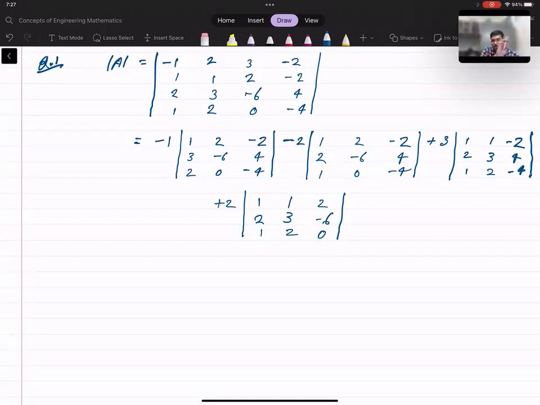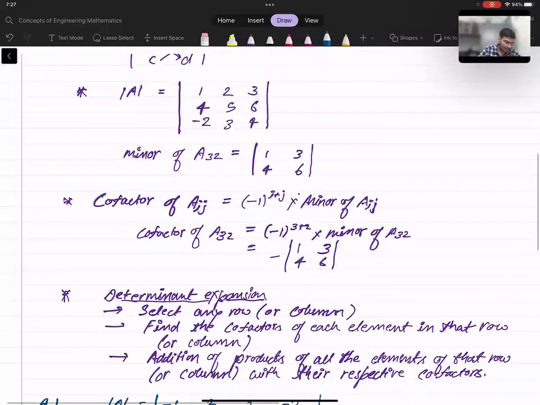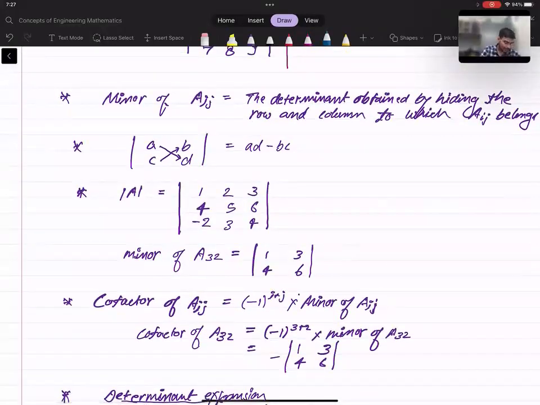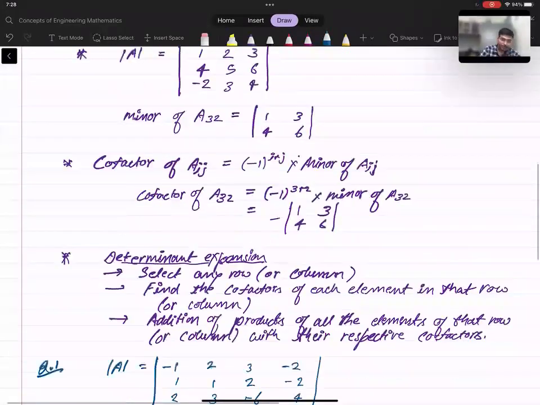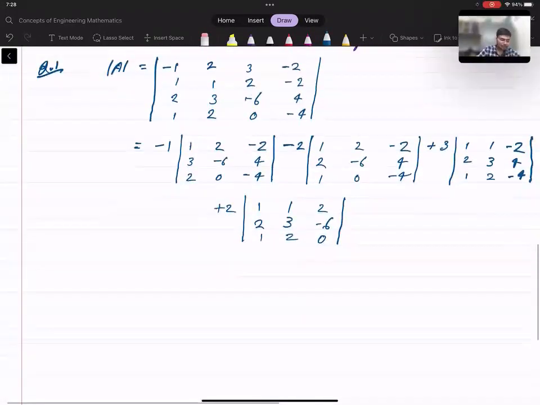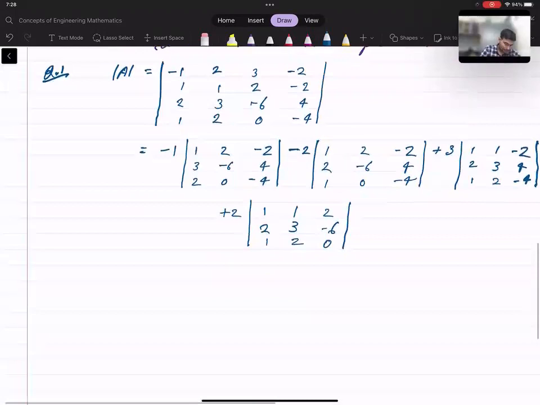We multiply a11 with a22 and then take the difference of product of a12 and a21. Okay. Like we did here in this example. Okay, where we had, yes, a b c d. Okay, so ad minus bc. We'll do the same in every case.